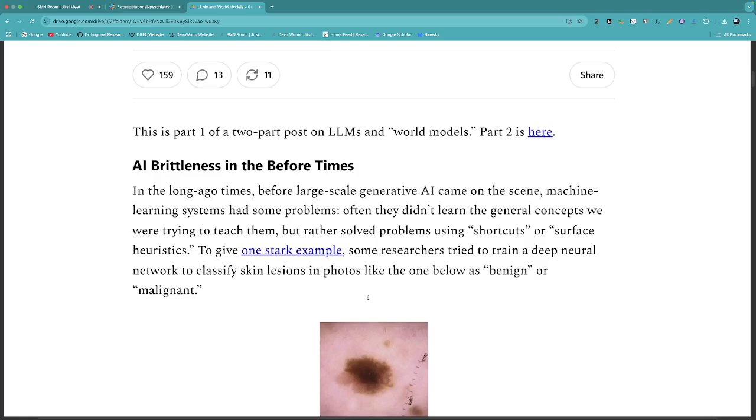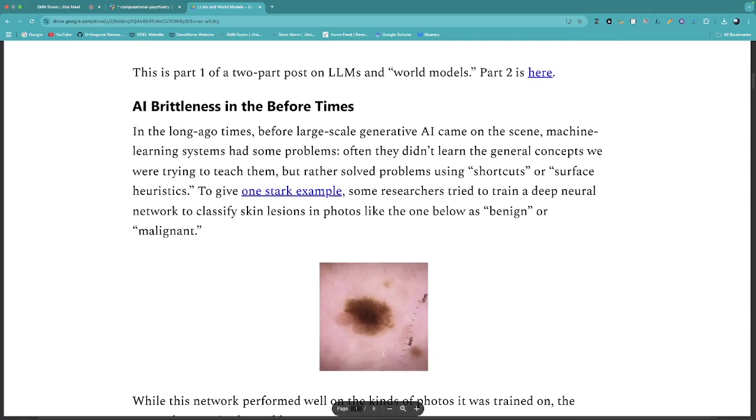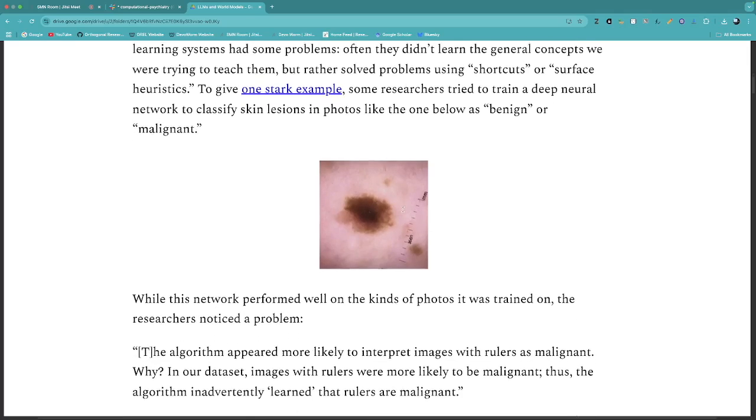One example of this is where some researchers tried to train a deep neural network to classify skin lesions in photos, into benign or malignant. Obviously, we want to know the difference. We use different features of the images to get an answer and then match it with the real world diagnosis.